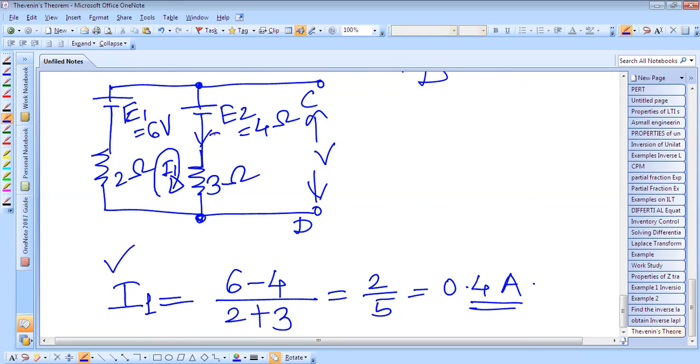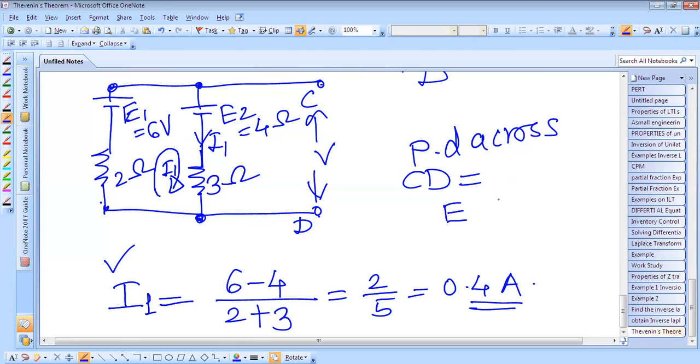Now we have to find the potential difference across CD. What is the potential difference across CD? This is equal to the potential difference across this point, and the same thing across this point. So we can say it is E1 minus I1 R1.